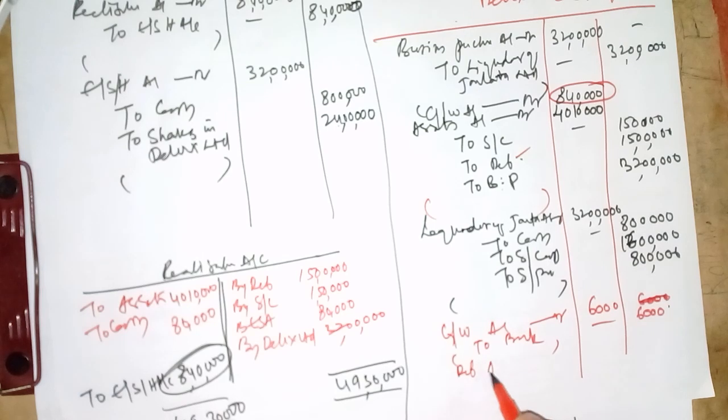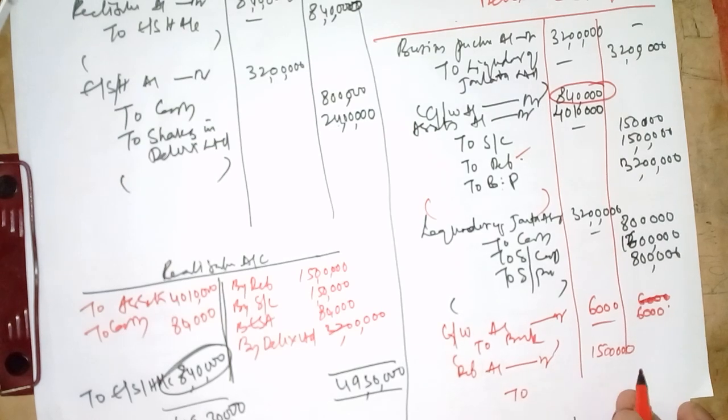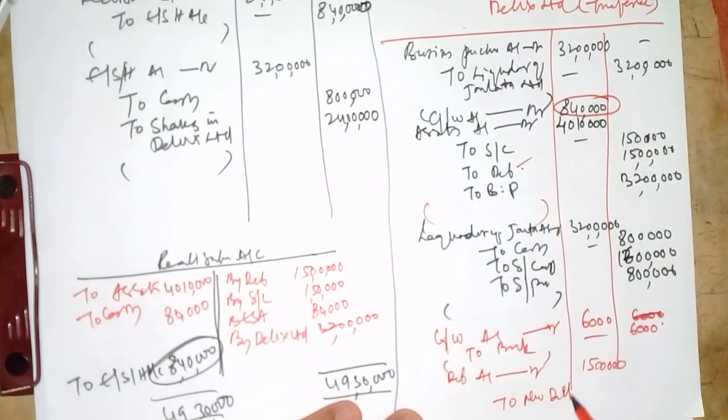So debentures account debit, how much? 15 lakhs, to new debentures. We are issuing at a 10% premium. So new debentures is 15 lakhs plus 10%, so 16 lakh 50,000.